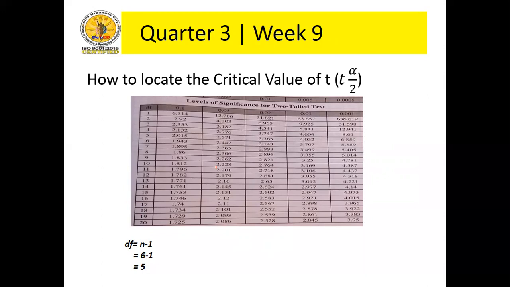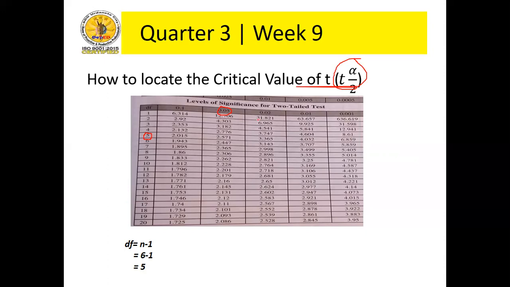Using the 95% interval, we have to look at 0.05. Then locate the degrees of freedom, that is 6 minus 1, which is equal to 5. In order for us to locate the critical value, we can use this symbol for the critical value.